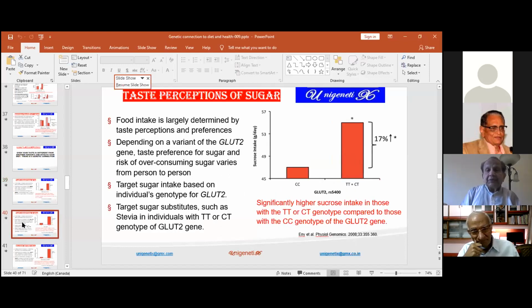The same thing applies to taste perception of sugar. It's the GLUT2 gene. And again, you see the comparison of the two. I just want you to concentrate on the differences on your graphs without going into too much detail, because there's not much time for explaining this difference.